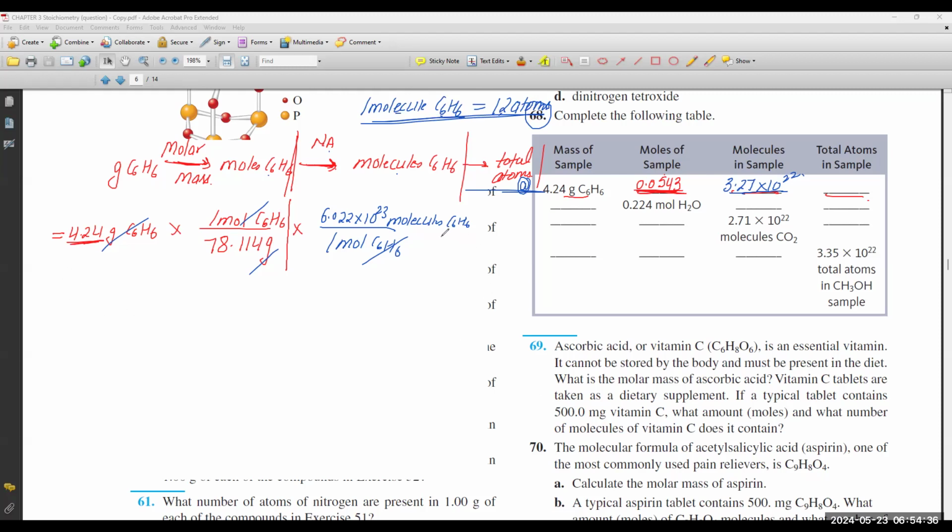So let's plug in that ratio. 12 atoms here and one molecule of C6H6 cancelled. And what's the final answer? The final answer is 3.92 times 10 raised to the power 23. Mayank, are you getting the answers?